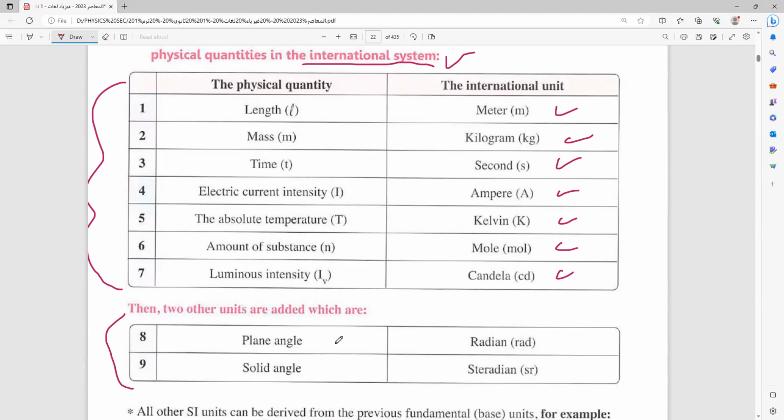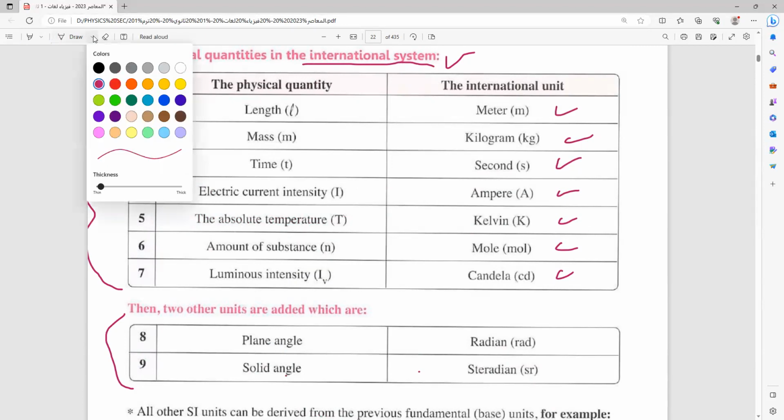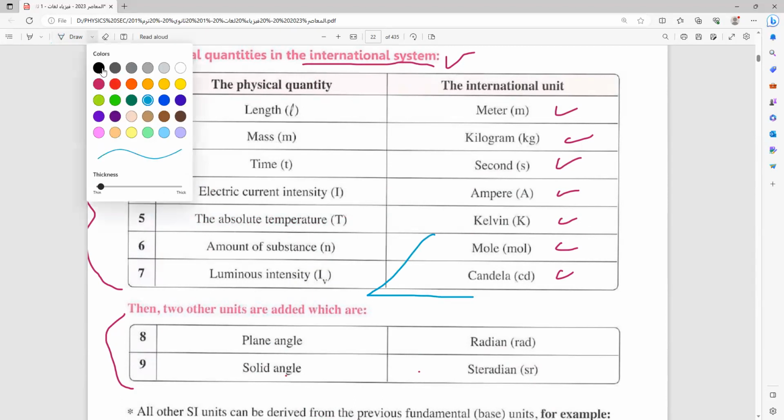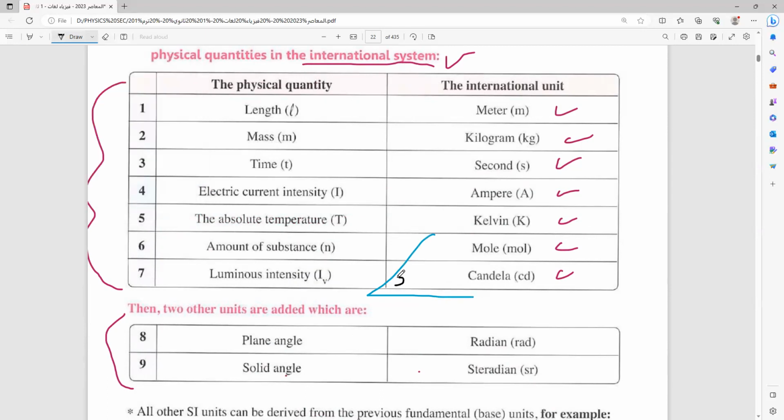Plane angle measured by radian. And the solid angle measured by steradian. What does it mean, plane angle? Plane angle has 2 dimensions, like this, X and Y. We have an angle called plane angle between 2 dimensions.